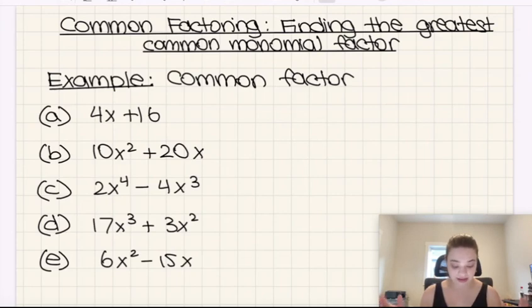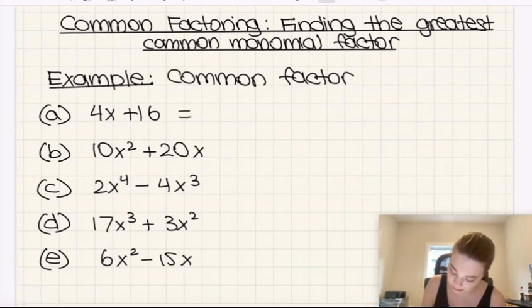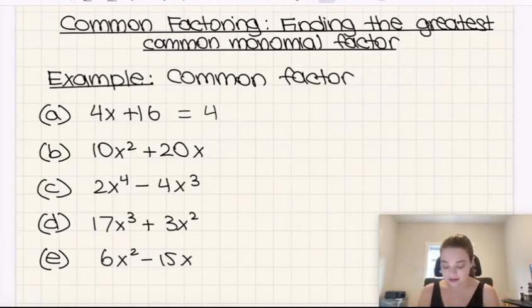So let's start with example A. It says 4x plus 16. So what are the coefficients, or in the case of 16, the constant? Well, those numbers are 4 and 16. The greatest common factor between 4 and 16 is 4. So that means I'm going to write a 4 here. Then I need to look at the variables.